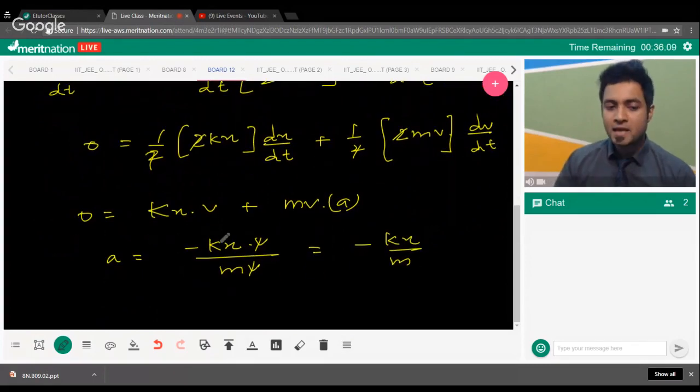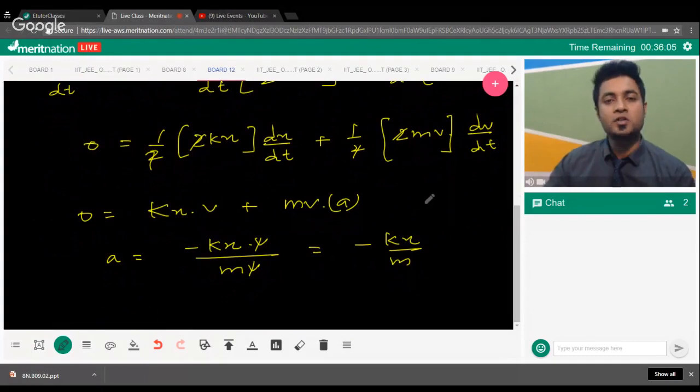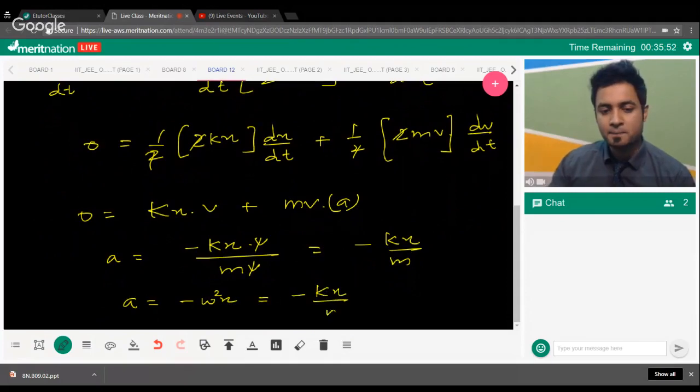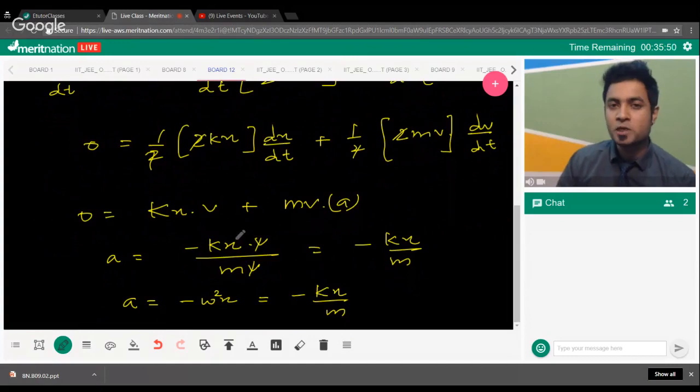So guys, I just told you what the acceleration depends on in SHM. That is nothing but a is coming out to be minus omega square x. This is the general equation, right? And here it is minus kx upon m. So if I ask you what would be the value of omega here, you can easily calculate: under root k by m, right?